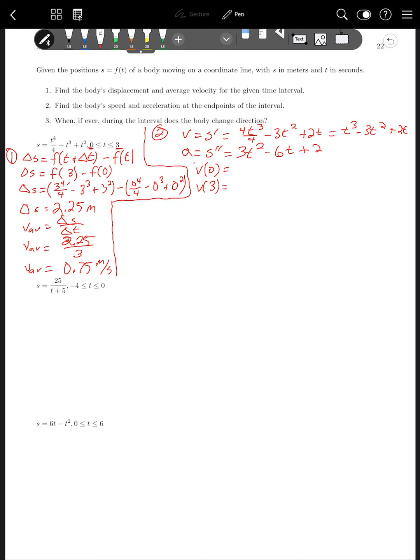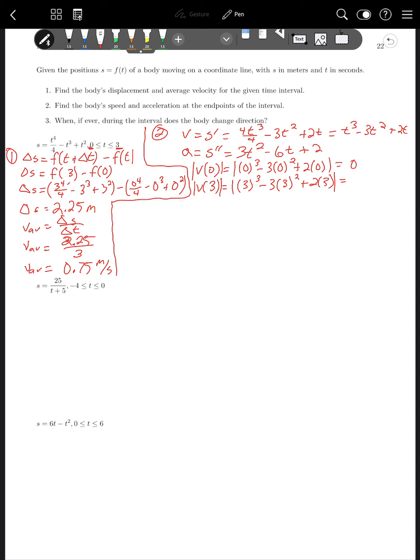And then I need to take the absolute value of those because they want the speed. So that's going to be 0 cubed minus 3 times 0 squared plus 2 times 0. And so that'll be 0. And then this one will be 3 cubed minus 3 times 3 squared plus 2 times 3.